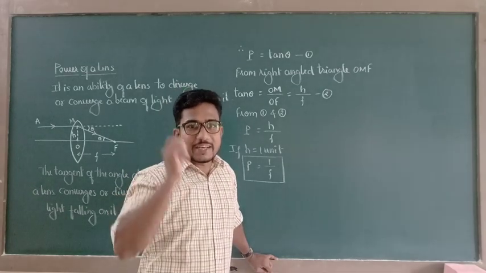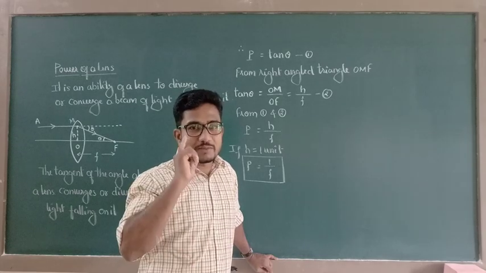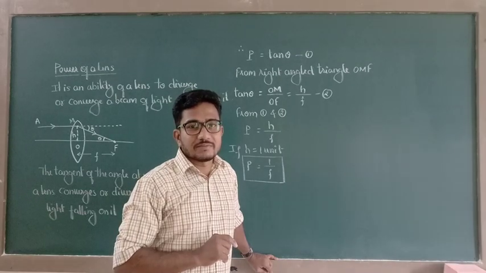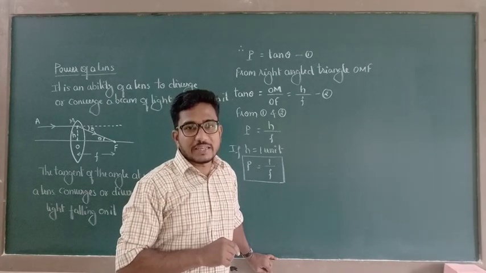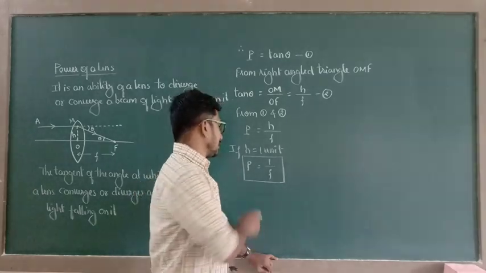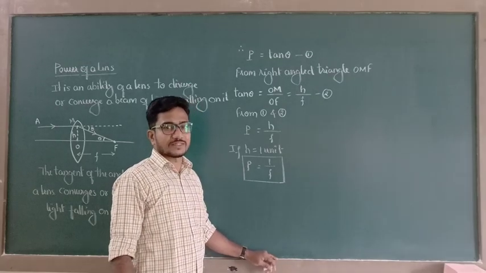So I have a minus 0.5 lens in my spectacle; the negative sign represents a concave lens.